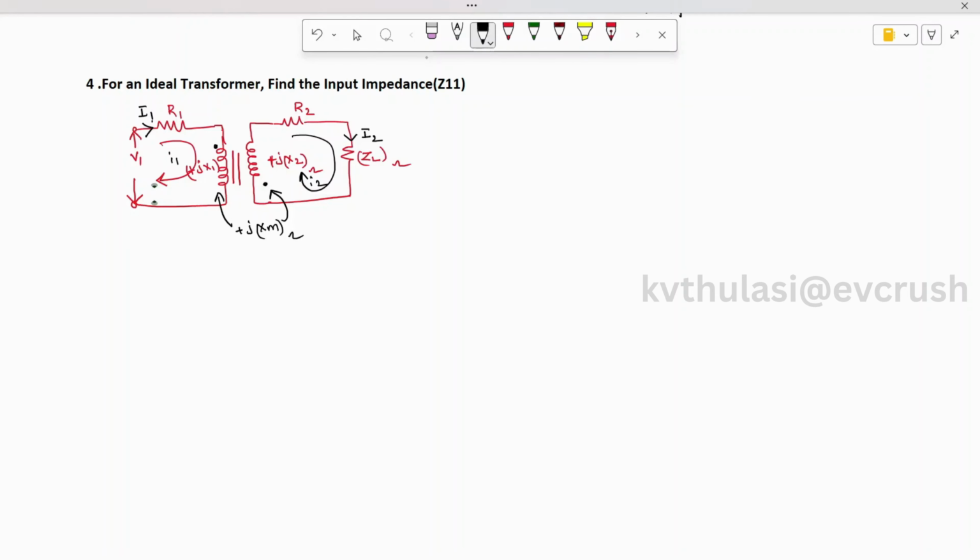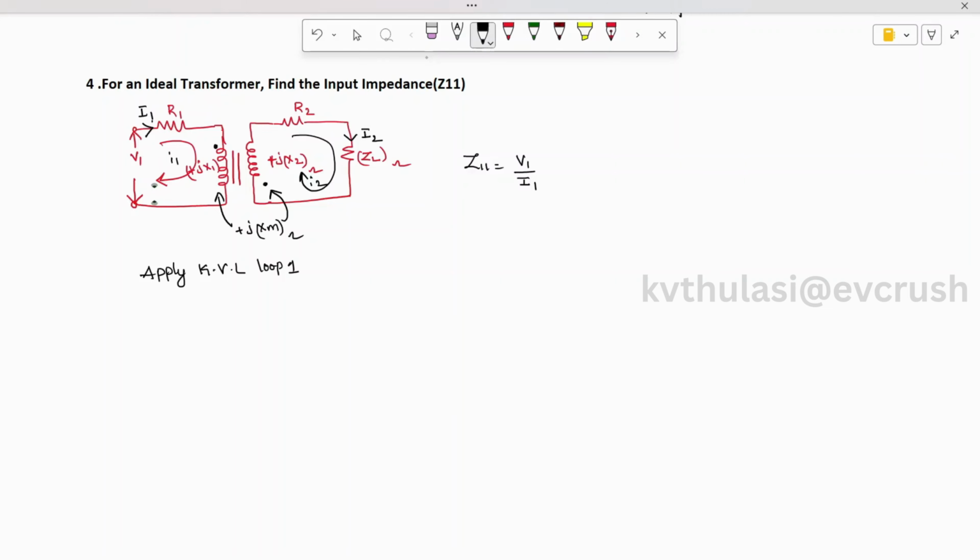Let's apply KVL at loop 1. We require Z11, which is equal to V1 by I1.